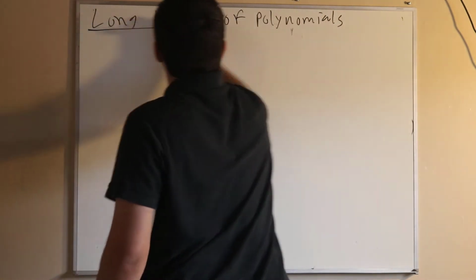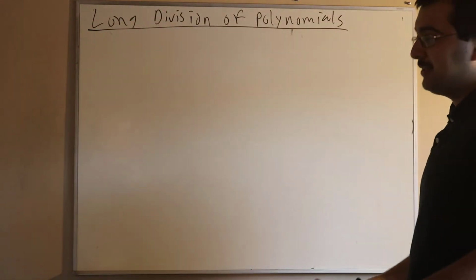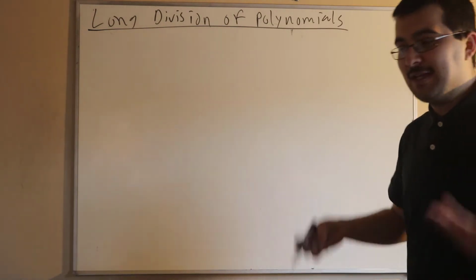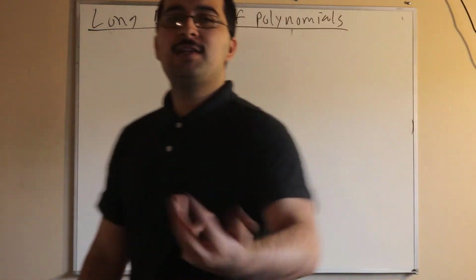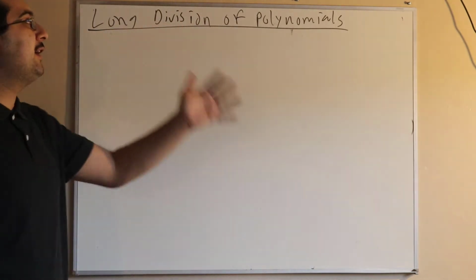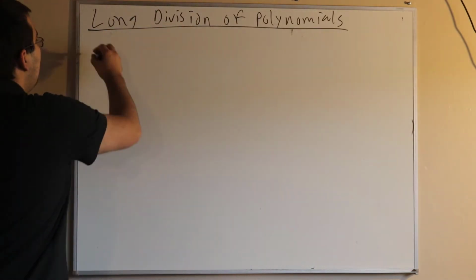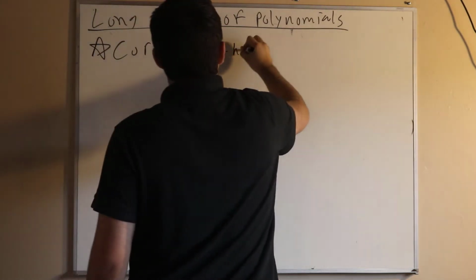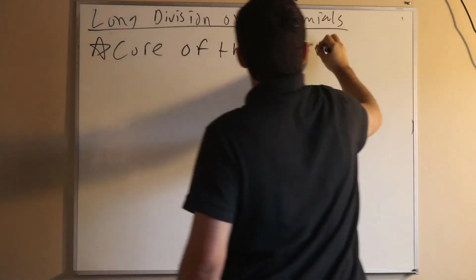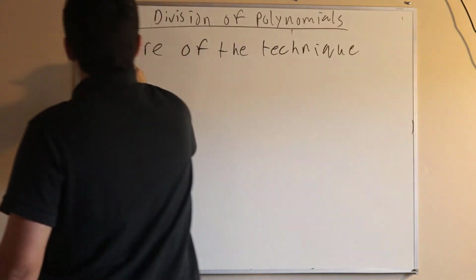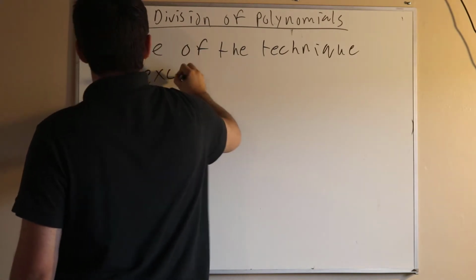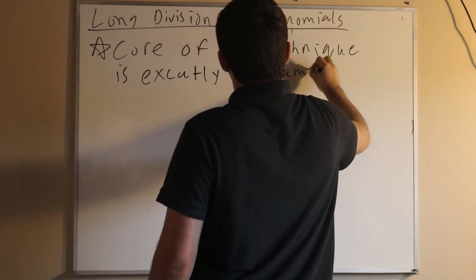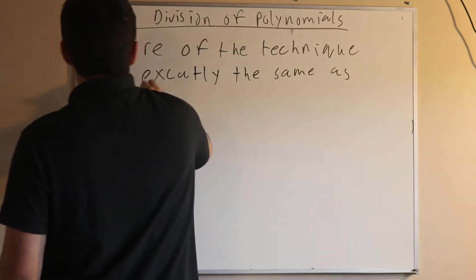And how we do this, the big secret behind this technique, and why I wanted to go back and review those long division numbers, is that the core of the process from long dividing numbers is going to carry over into the long division of polynomials. The core of the technique is exactly the same as when long dividing numbers.